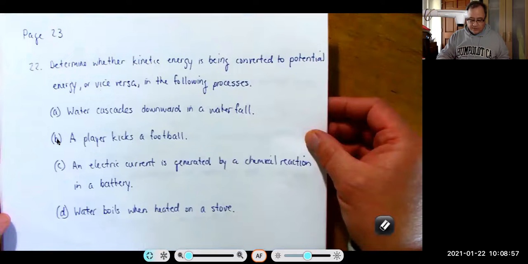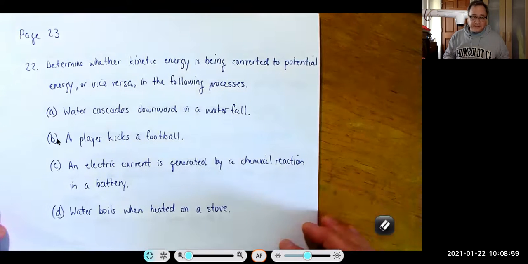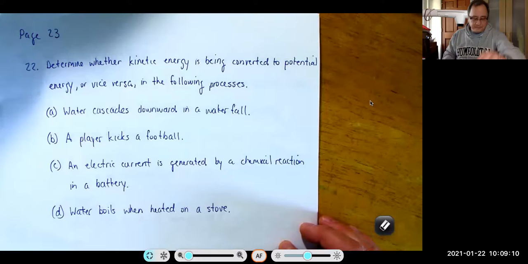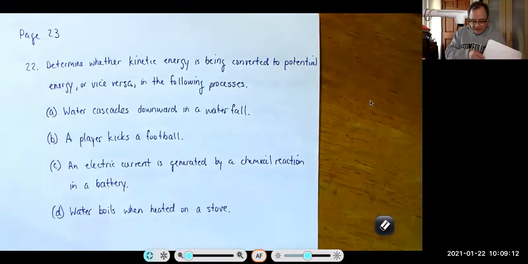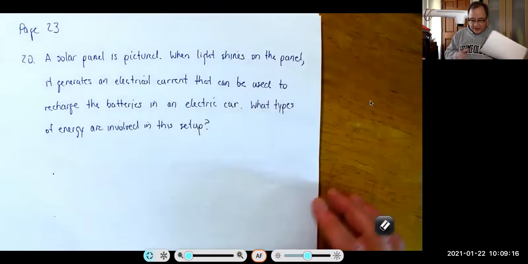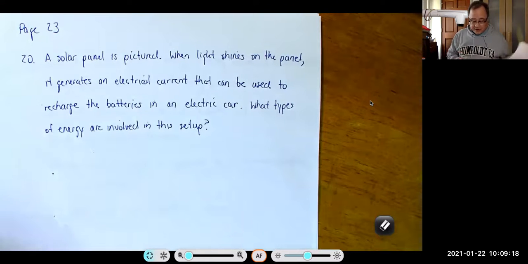Now, here are some problems from the middle of the chapter, around page 20, 22, and so forth. Did we get to this problem here, determine whether kinetic energy is being converted? Does that seem familiar? It's familiar, but I think it's because I read it myself. Oh, okay. How about, let's back it up a little more. A solar panel is pictured. When light shines on the panel, it generates an electric current.